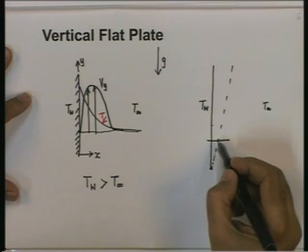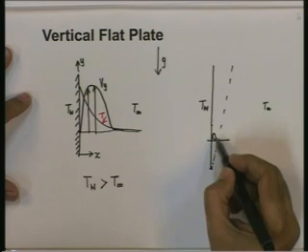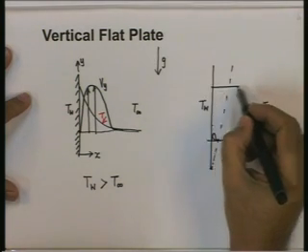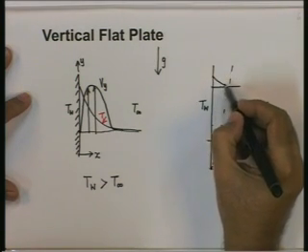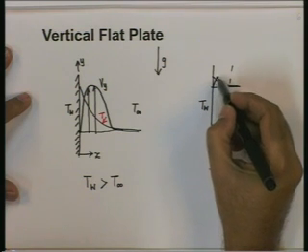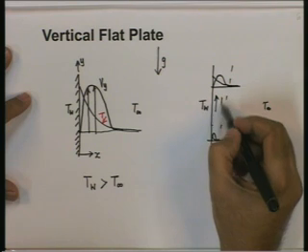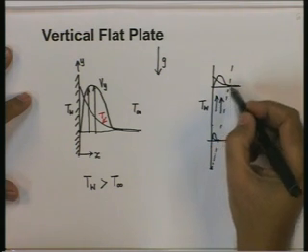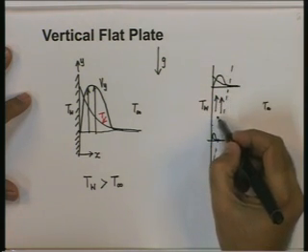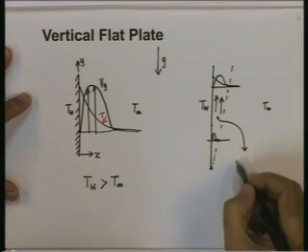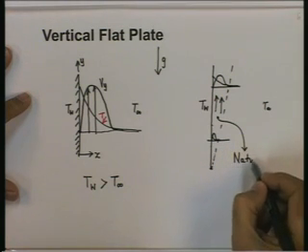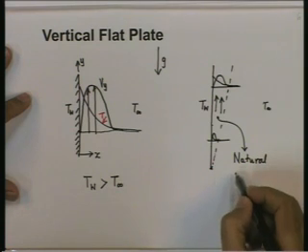At any point in the boundary layer, we will have a temperature profile, we will have a local velocity profile. Out here, we will have a slightly different temperature profile and a slightly different velocity profile. Fluid in this zone will be moving up, and this zone will be known as the natural convection boundary layer.